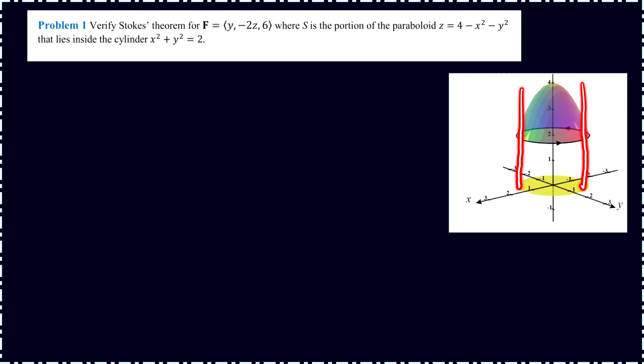Okay, the cylinder is of radius 2. The rest of the paraboloid has been cut out. So just keep that in mind, and this is basically our S, and this is our C, the boundary curve. Okay, so we want to verify Stokes theorem.